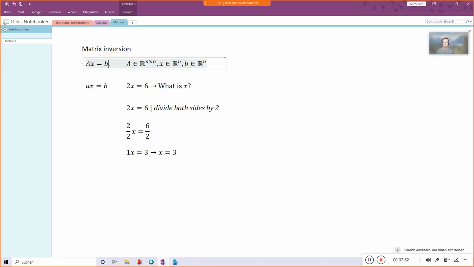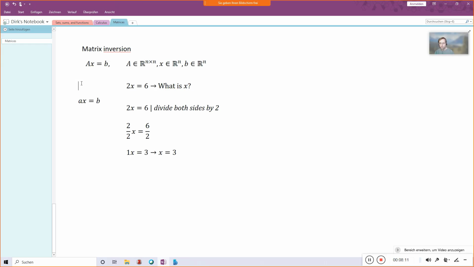And this anti-operation of matrix multiplication is called matrix inversion. And the notation then is exactly as you're familiar with from this approach here.